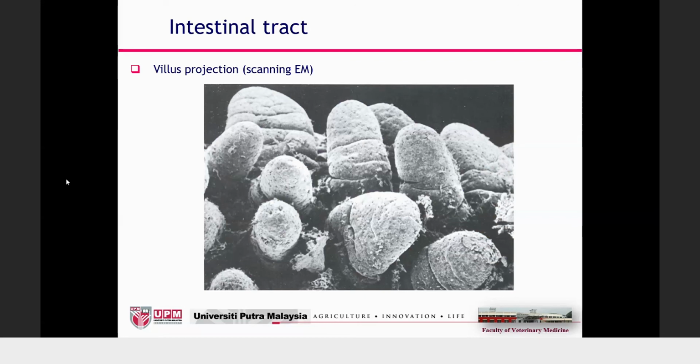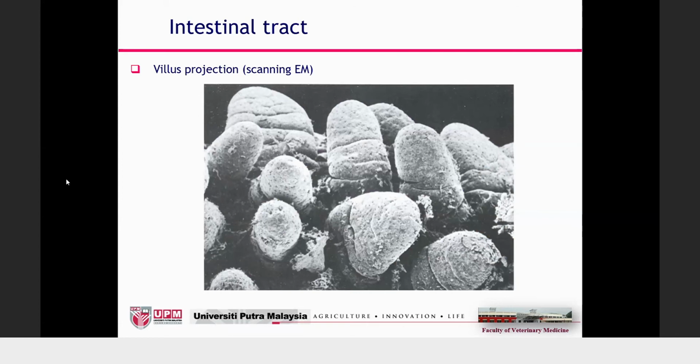So when we look at the intestinal tract, the lining of the ileum has villi, villus projections. People always thought that the villus looks like a finger-like projection, like our fingers.